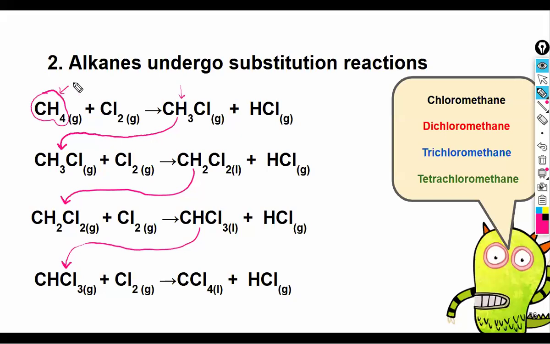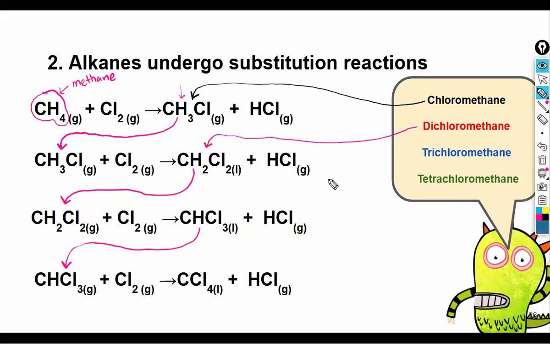The original one is what? Methane. When it has one chlorine, it's called chloromethane. When it has two chlorines, it's called dichloromethane.